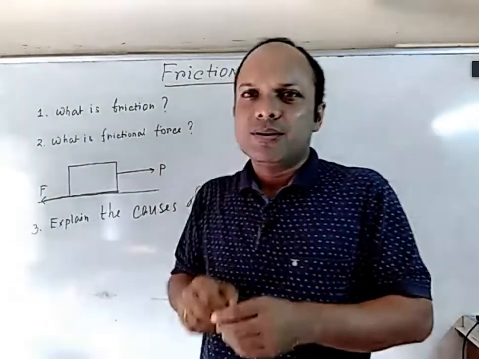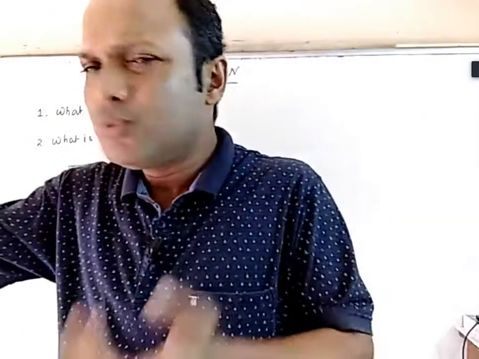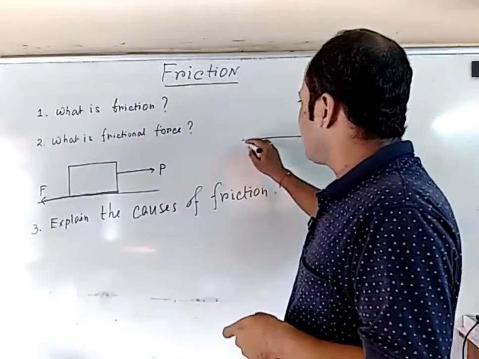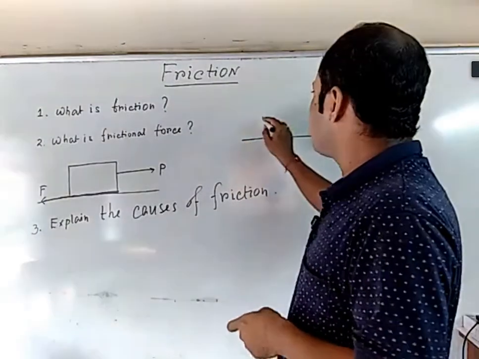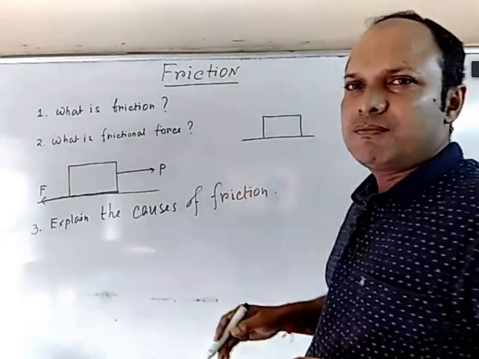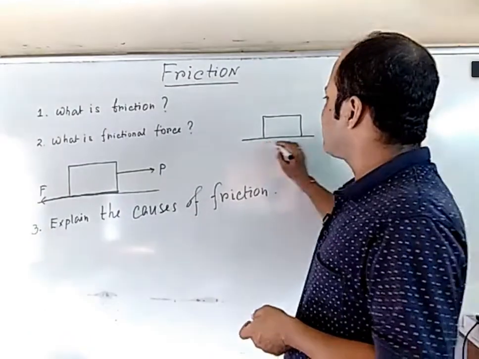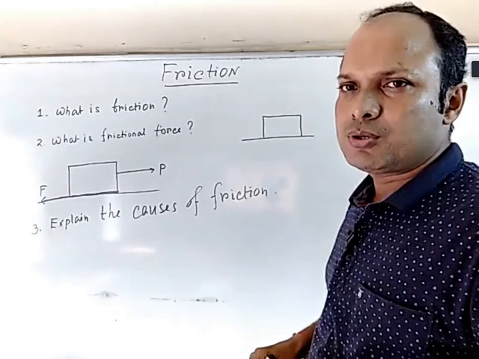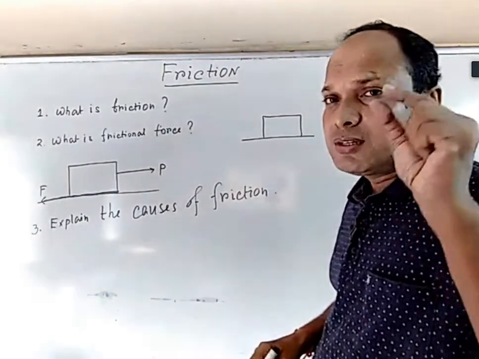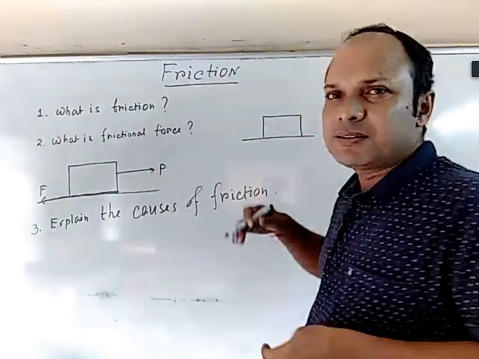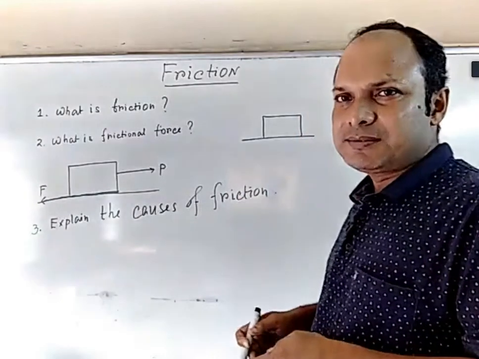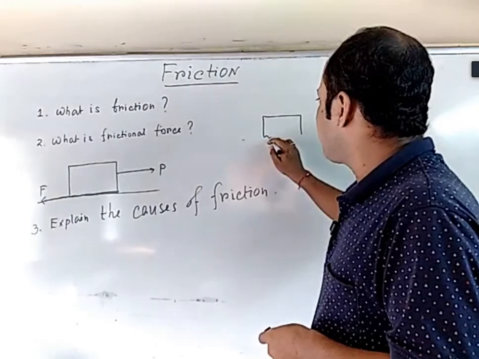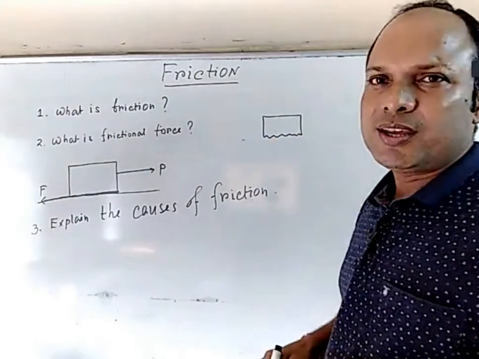Another is, whenever you consider two surfaces coming into contact with each other, one is this surface, another is that surface. They look very smooth, but if you observe macroscopically, you will feel that these two surfaces are not as smooth as they look.